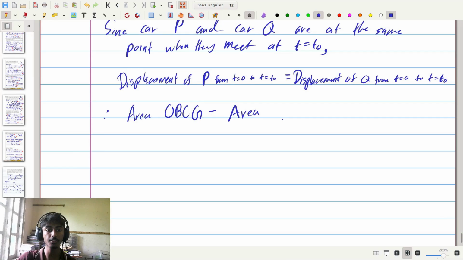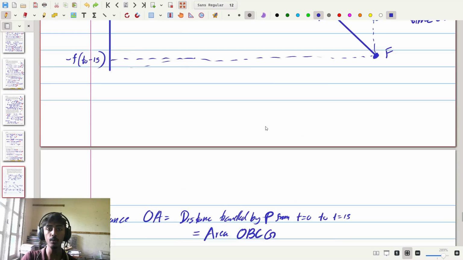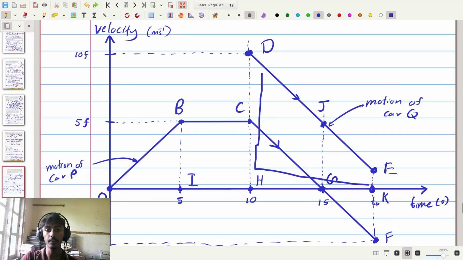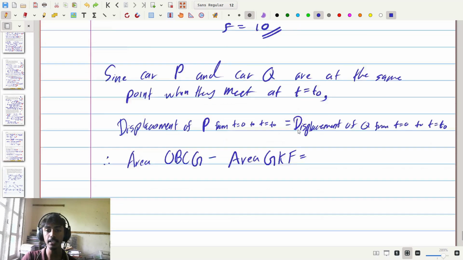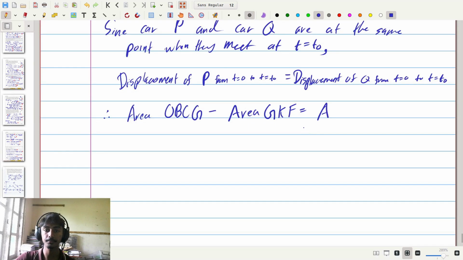So therefore, we can say the area OBCG minus area of GKF is equal to the area relevant to the displacement of Q, which is equal to this area right here. And that area is the area DEKH.